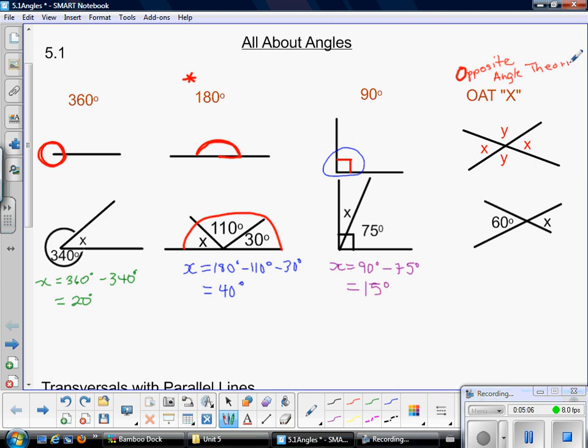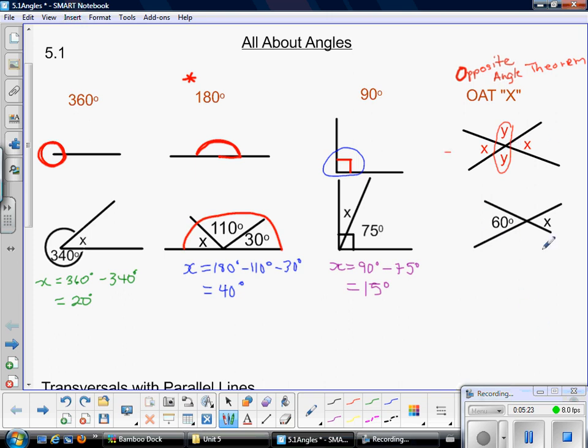And often what we're doing is we're looking for an X pattern. And you can see there's an X pattern here. And what that means is y equals y. The opposite angles are equal to each other, and x equals x.